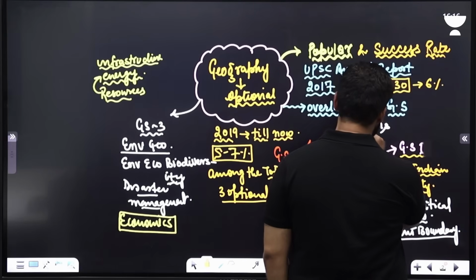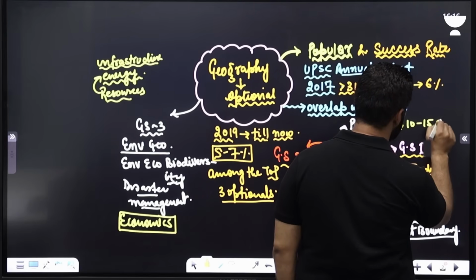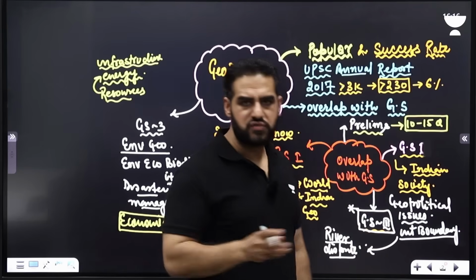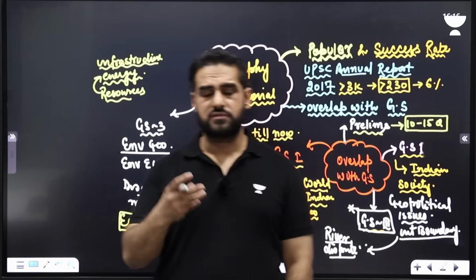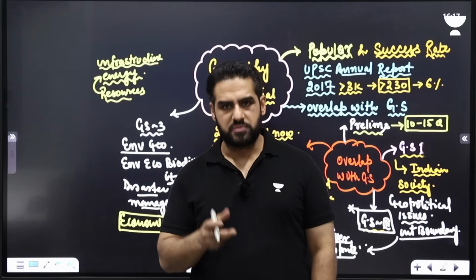With respect to prelims, from geography alone there will be 10 to 15 questions, conceptual and journal, and around 8 to 9 questions from the environmental part also.